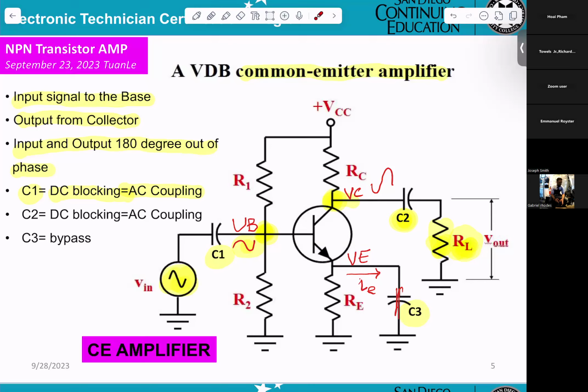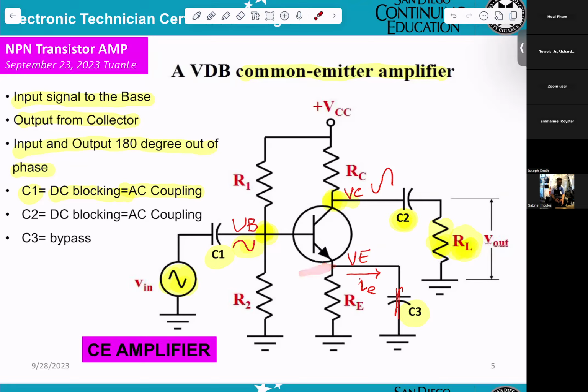Okay, so the capacitor will be shorted for the AC. So when the signal comes in here, you cannot get any sine wave here.